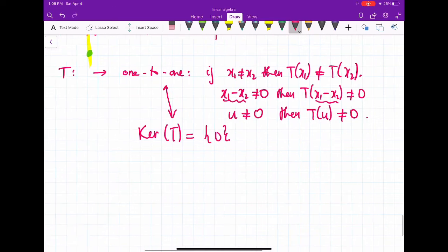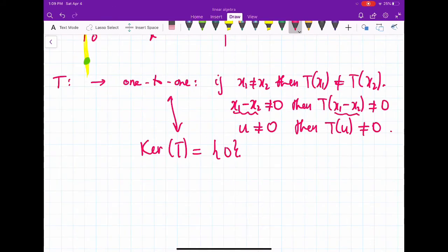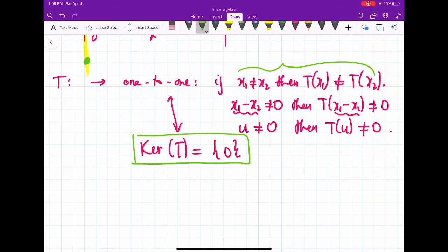So we define a one-to-one linear transformation using this idea. It turns out that this is equivalent to the previous condition. We can do this because T is linear. That's why you can bring T x2 to this part and write it in this form. If T is not linear, there's no way to do that. So you just need to check that the solution set of the homogeneous system of A, the null space of A, is just trivial. That's it.